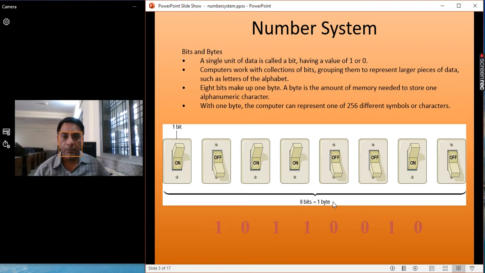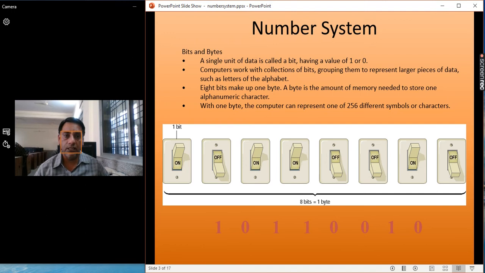Another important term is the bits and byte, that is another relation. So byte is the unit of storage, and the storage capacity of a memory is measured by byte. How is the byte defined? It's very simple. An 8-bit combination is known as 1 byte.